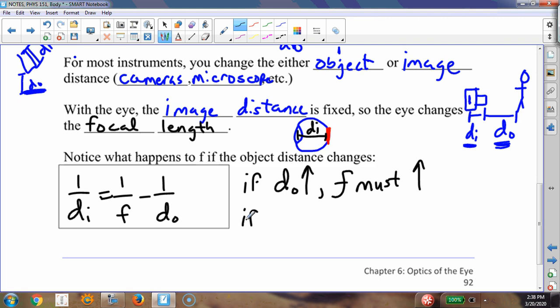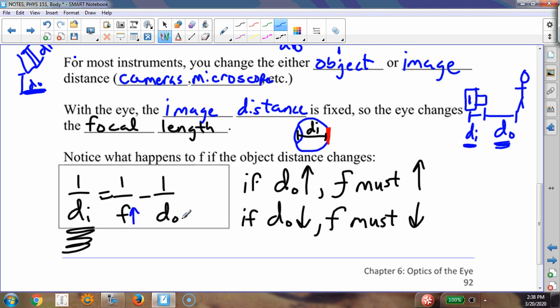Or if DO, the object distance, goes down, then F must decrease. So this is constant. If this goes up, this has to go up. If this goes down, this has to go down. F is proportional to the object distance. If one of them goes up, the other one goes down.